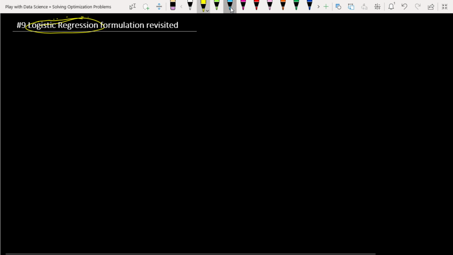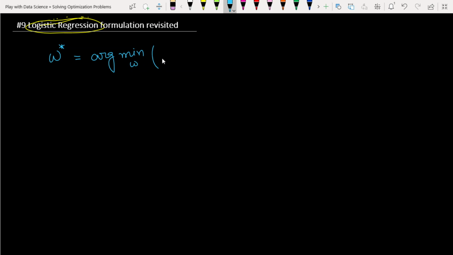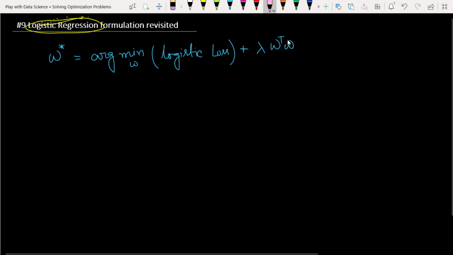First, write down what our logistic regression optimization problem is. In the end, we find the optimal W, that is called W star. This is equal to the argmin over W of our logistic loss plus some regularizer. So let's take our L2 regularizer. This is our regularizer.